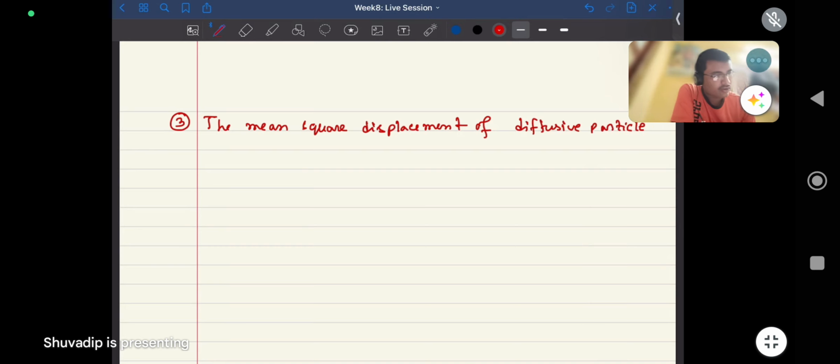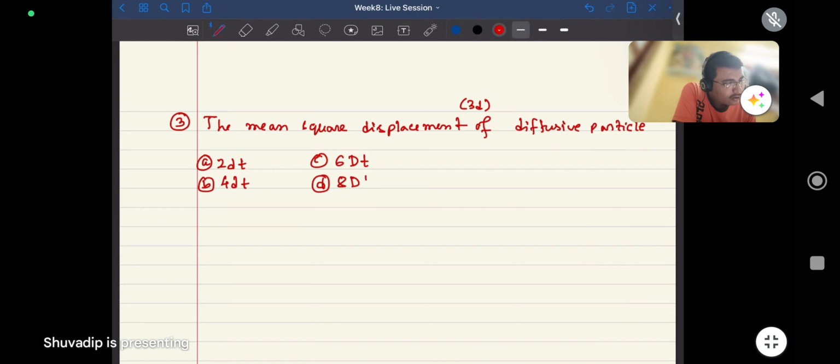Let me quickly write down the options. There is 2Dt, so this is the diffusive mean square displacement, 2Dt, 4Dt, 6Dt, 8Dt.